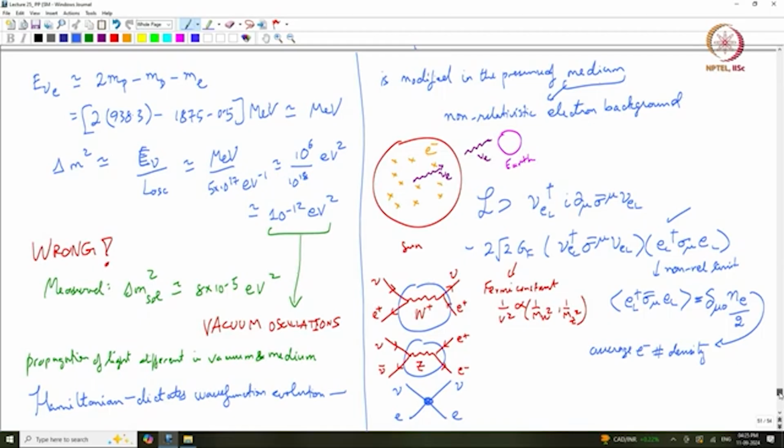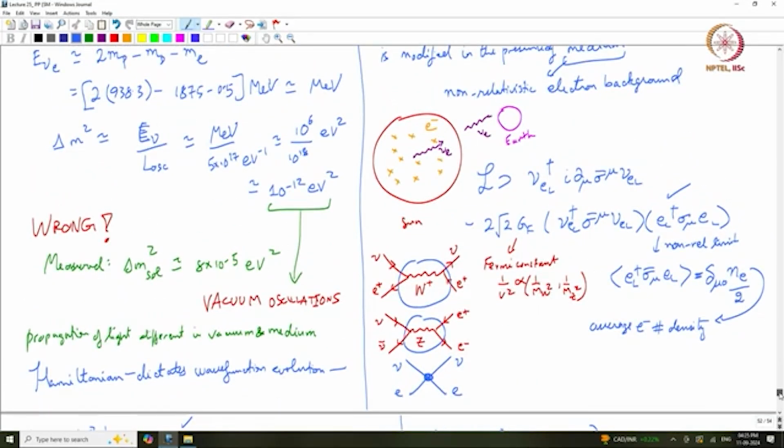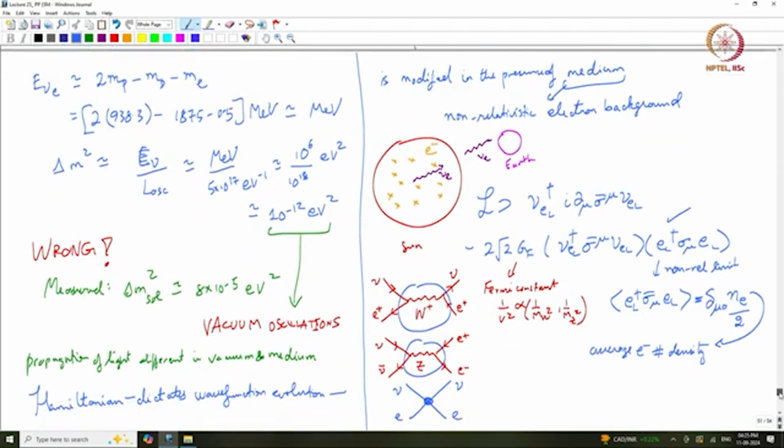The measurement gives us the value at around 10 power minus 4 electron volt squared, and the mistake we made was that we had assumed oscillations in vacuum. In fact, we had assumed propagation of the neutrinos in vacuum. That is something that we needed to change, because there are always going to be dispersive effects when you have propagation of any species in a medium.